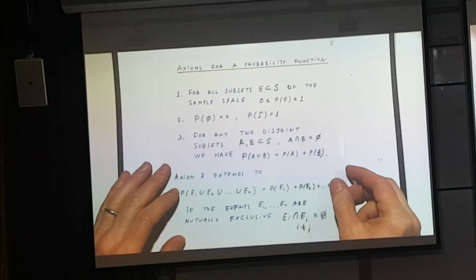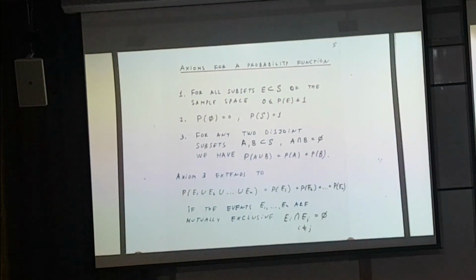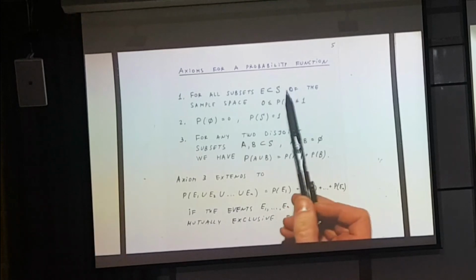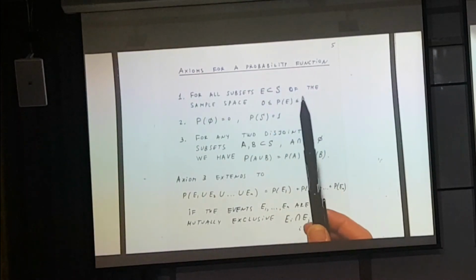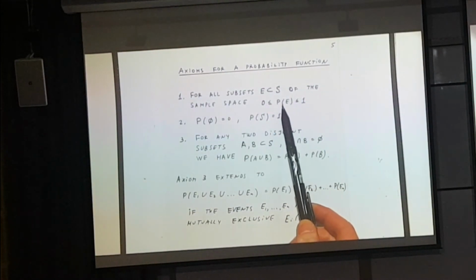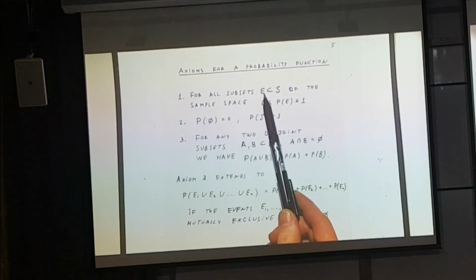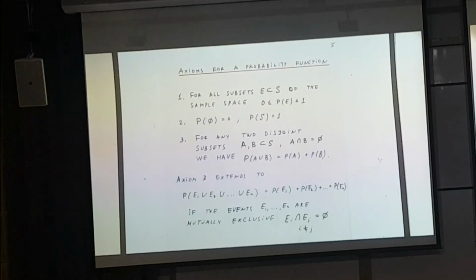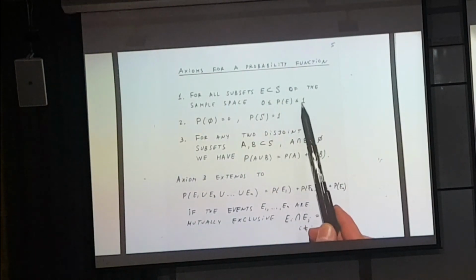So, in probability theory, it's assumed that probability functions must satisfy 3 axioms, 3 rules. The first rule just says what I said already, that the probability function assigns values to all subsets. So it's a function from the set of all subsets to the real numbers between 0 and 1.